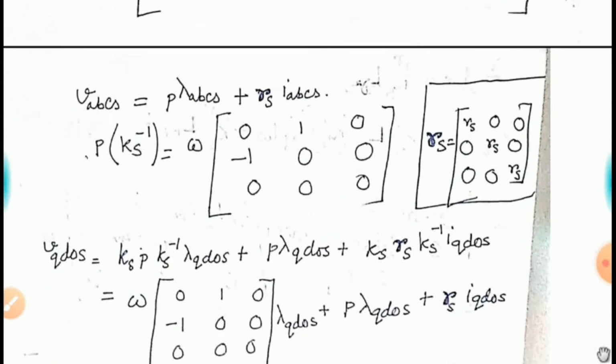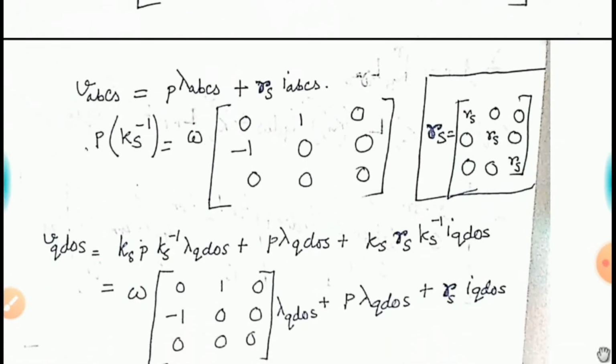When we have to deal with lambda ABCS, we know this P lambda ABCS will give two terms.